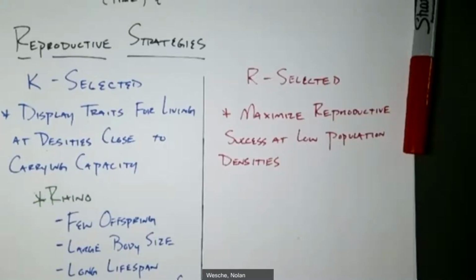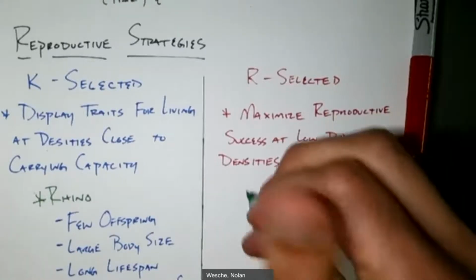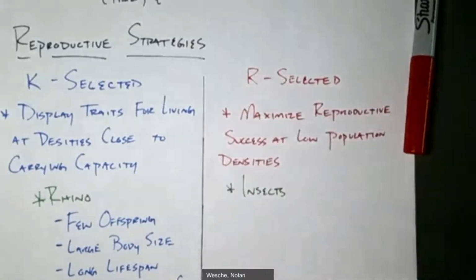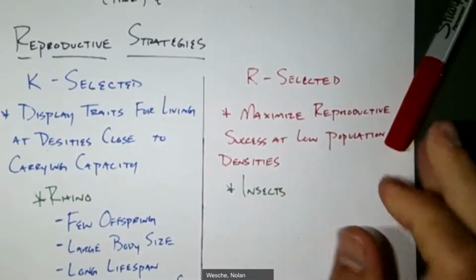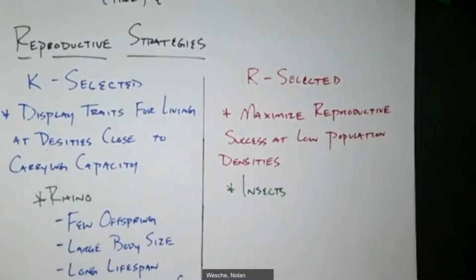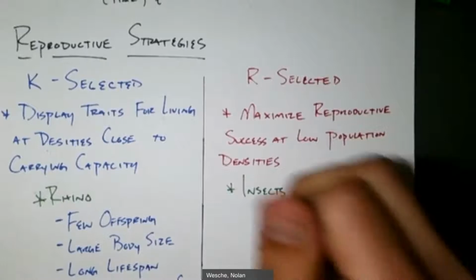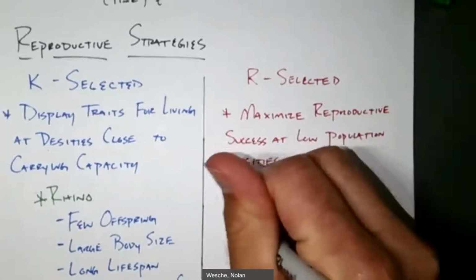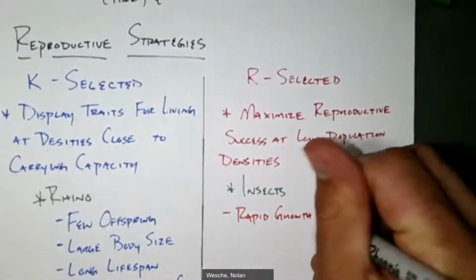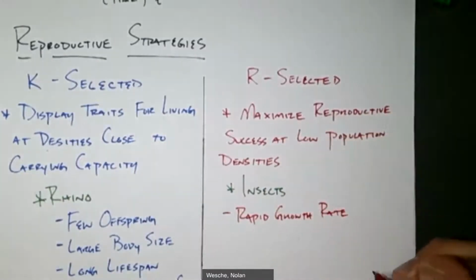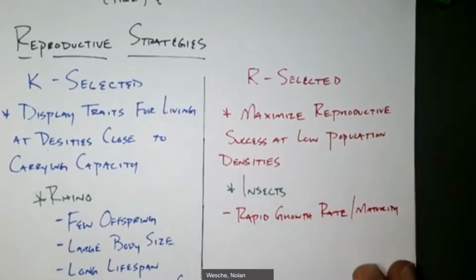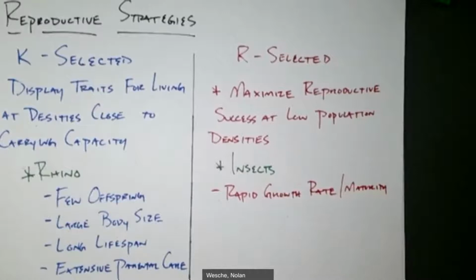So we'll go ahead and make a couple notes of that here. Again, you're looking at things like insects. Certain types of insects do this, certain sorts of fish or aquatic organisms. So again, what we're looking at here is you have a rapid growth rate. So almost no time spent in the pre-reproductive years. Maturity, so rapid growth rate, really quick to mature.